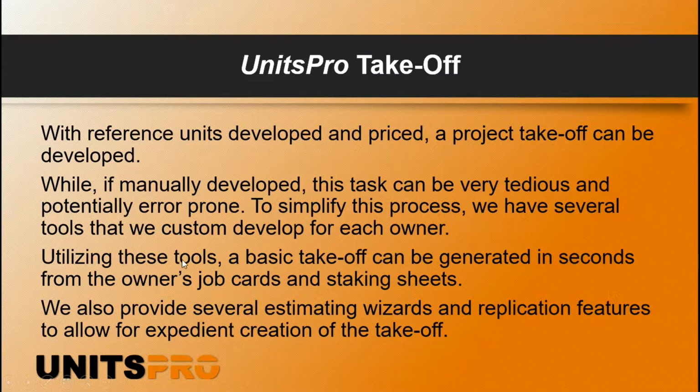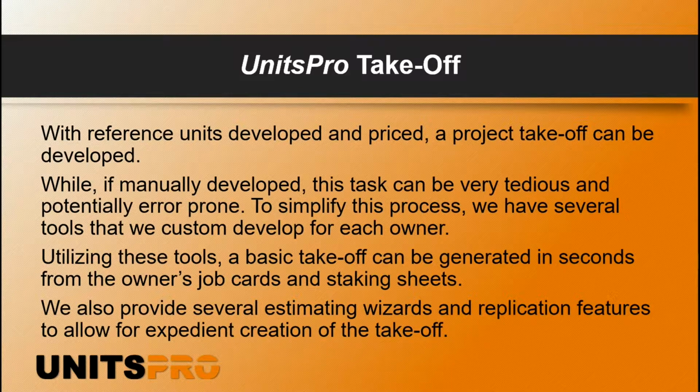So what we've done in UnitsPro is we've developed a whole suite of tools that can take a basic job card from an owner and in seconds replicate it into UnitsPro where we can price it and amend it. If we have a job card on a per owner basis, we'll go ahead and create a PDF scraper that pulls that data out and puts it into UnitsPro.